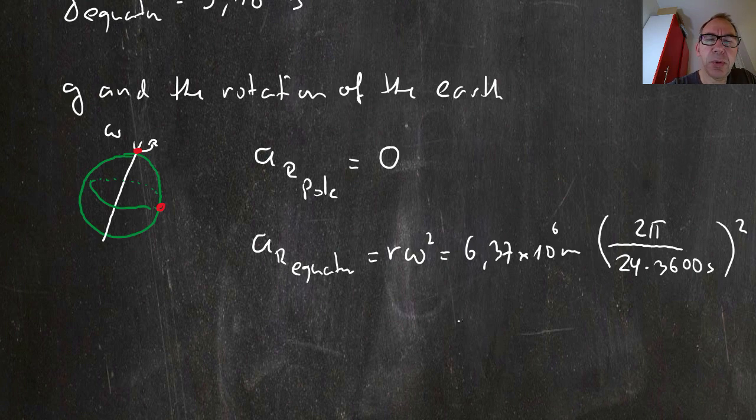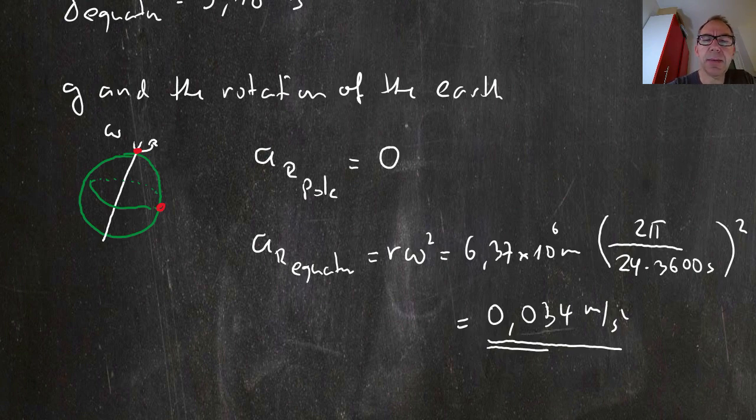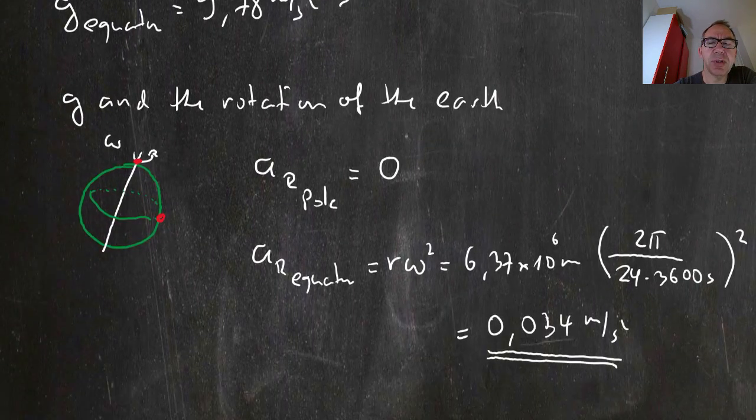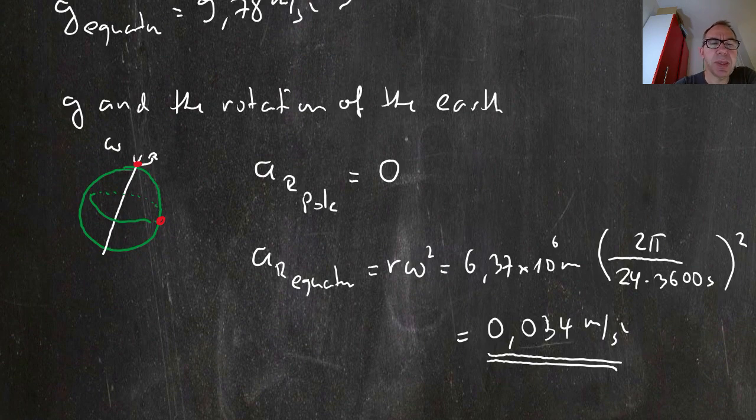If we put this into the calculator, we get a value of 0.034 meters per second squared. So we can roughly say that rotation is just half of the story, and the flattening is roughly the other half of it. So rotation does have an influence.